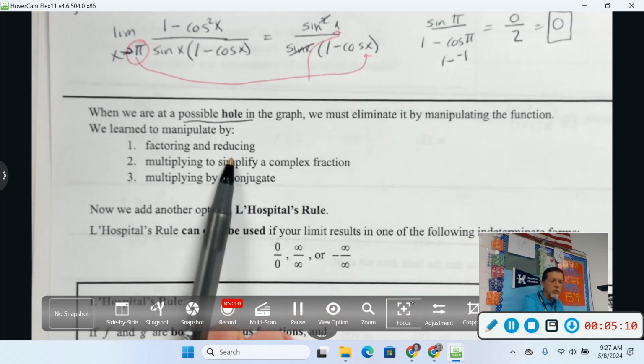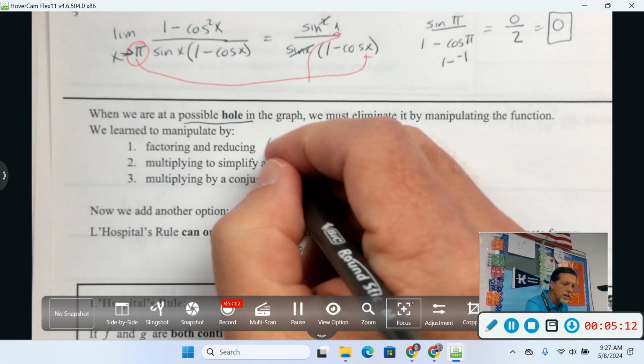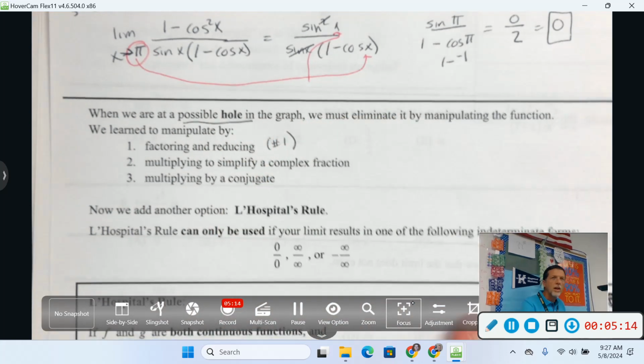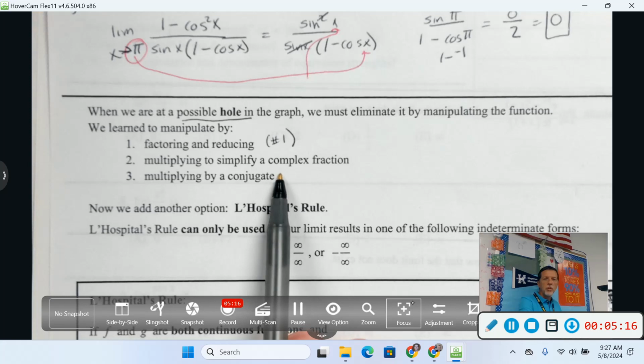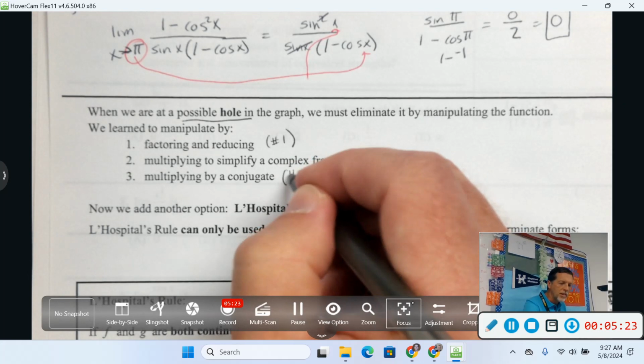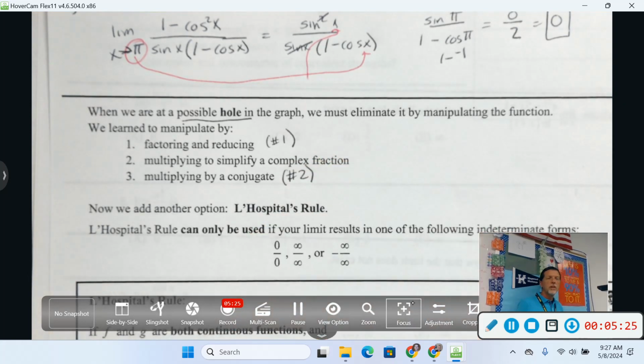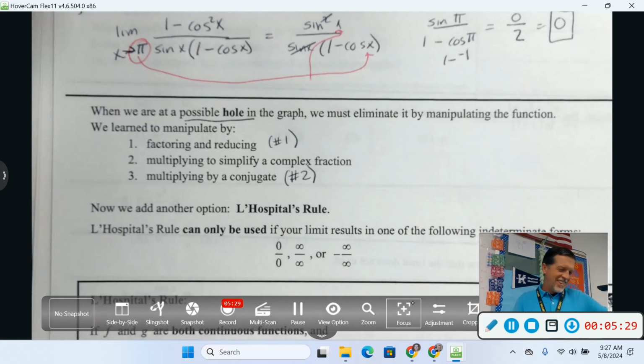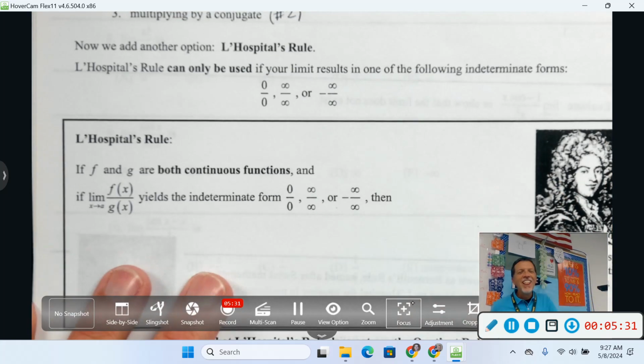We could factor and reduce. We did that. That was number one. We multiply the complex fraction. We didn't do one of those just now. And multiply by a conjugate. That was number two from earlier. So those are the algebra rules that we use.